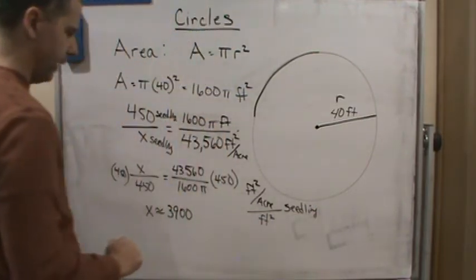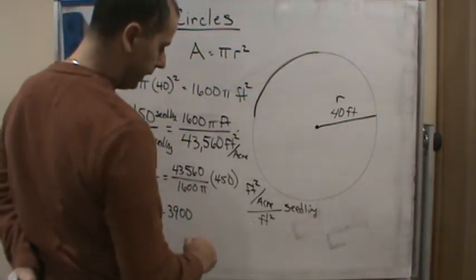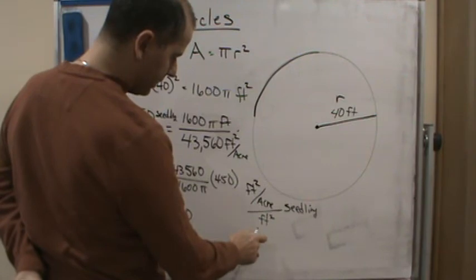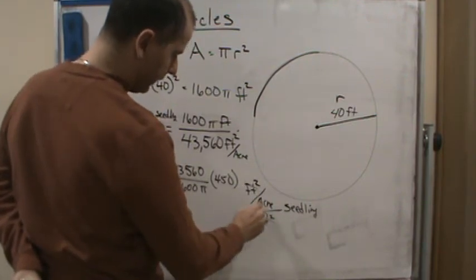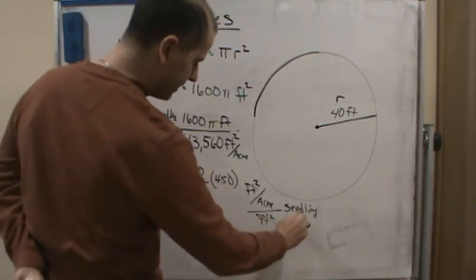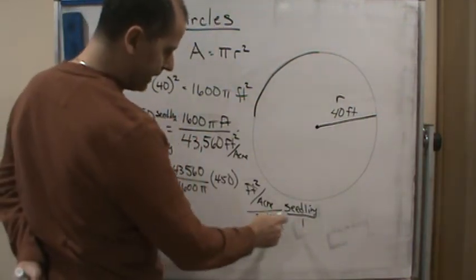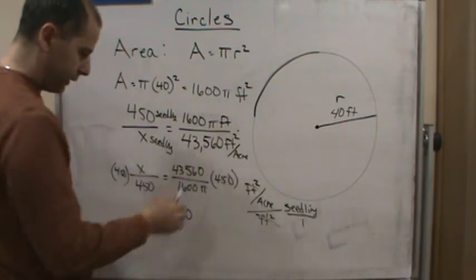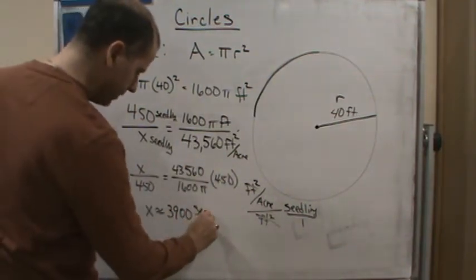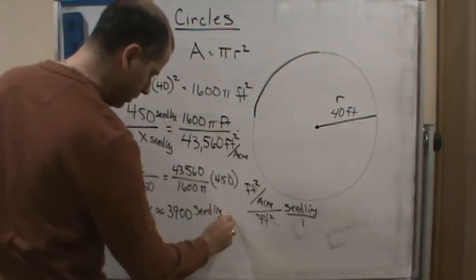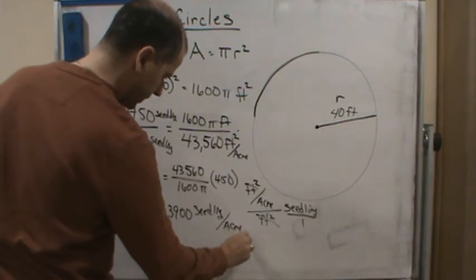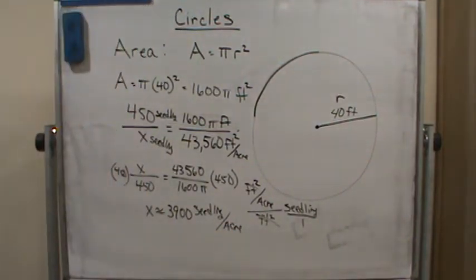Number of seedlings, right? So look here. We can see that the square feet are going to cancel, and this is seedlings over 1. So guess what? Look what I'm going to get. I'm going to get seedlings per acre. So my units work out. So this is going to be seedlings per acre, which is exactly what I wanted. Okay, and that's the answer.